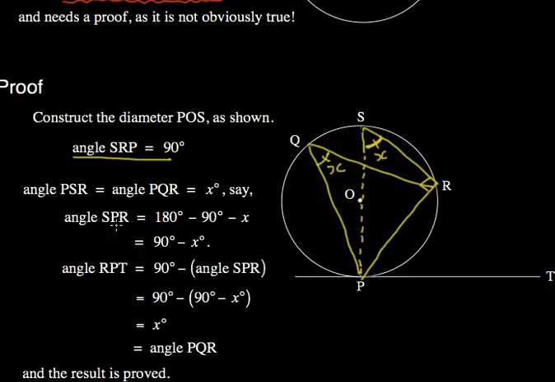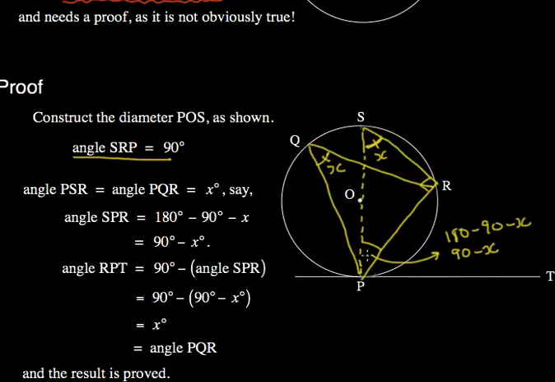So angle SPR must be then 180 degrees minus X minus 90. So this angle here, if I were to write 180 degrees minus 90 minus X, then that is equivalent to saying this.